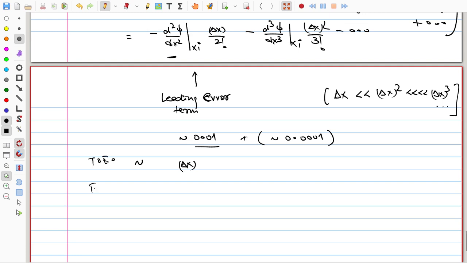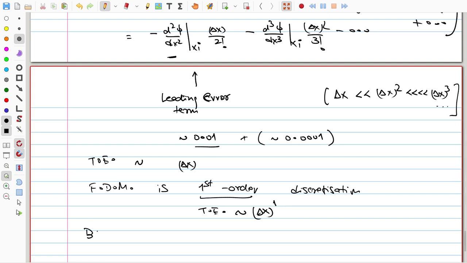So we say the forward difference method is a first order discretization. It's first order because your truncation error is going as delta x to the power of 1. It's a bit confusing. The order word here is for the error, not for the order of the derivative.